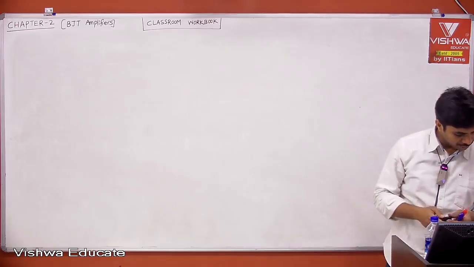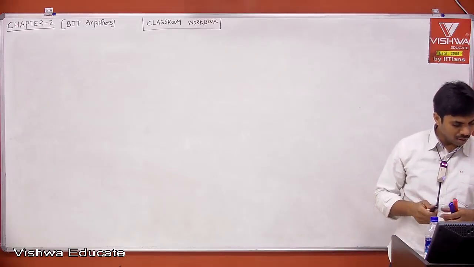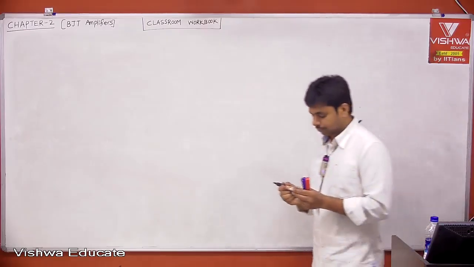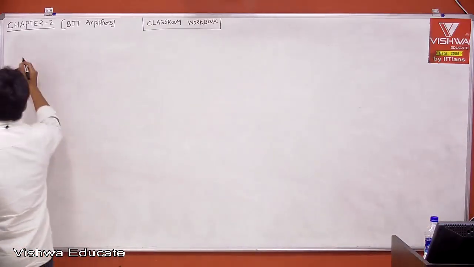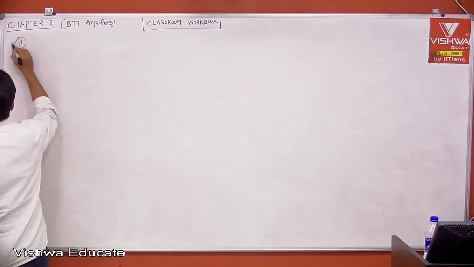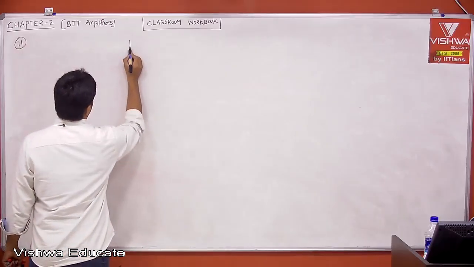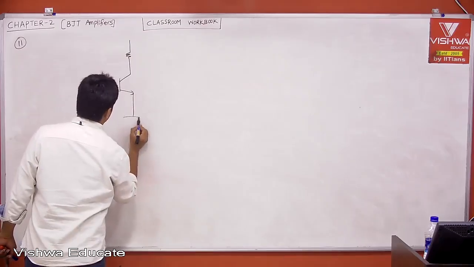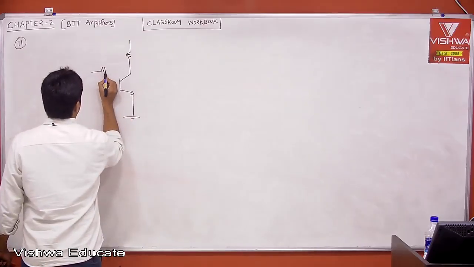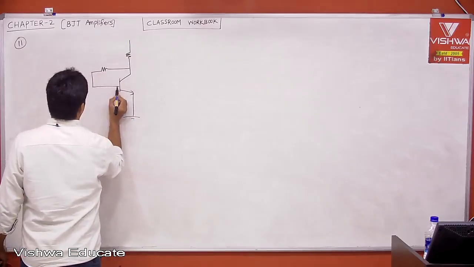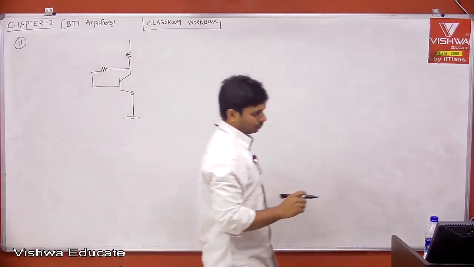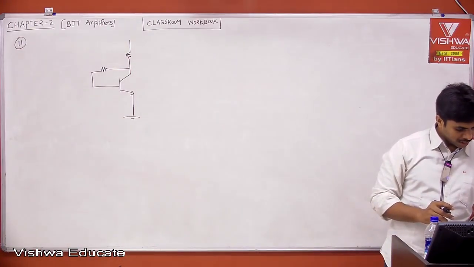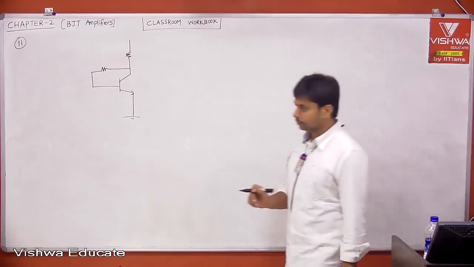Now problem number 11. The voltage gain of the circuit shown below is: 10K, 100K, 12K.